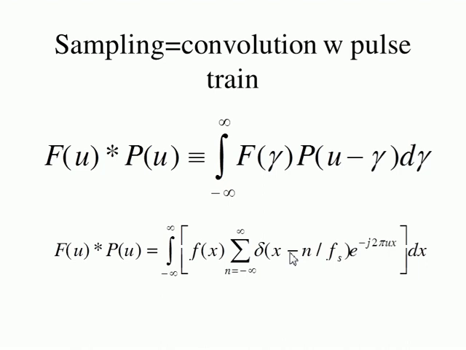Well, when you do the sampling, what you're doing is a sequence of sample and holds over time, and that is represented as a convolution. And convolution is really nothing more than a sliding window dot product.